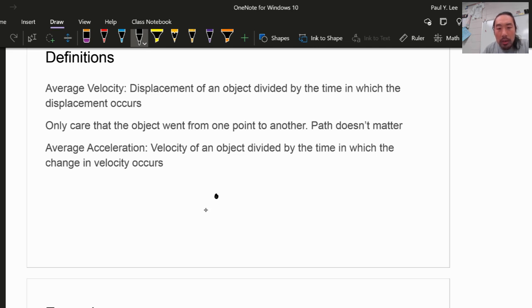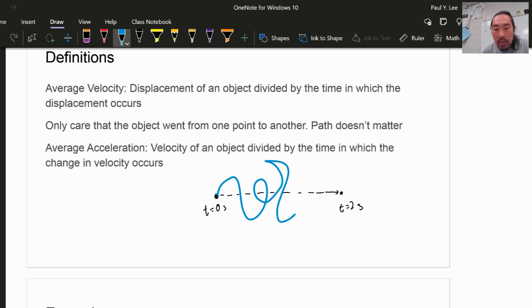If we started here, okay, at time, let's say 0 seconds, and we ended here at time of 2 seconds, right? We could have just walked in a straight line like so and go from start to finish, which is the shortest path, which is displacement, or we could have taken this long loopy way to get there.